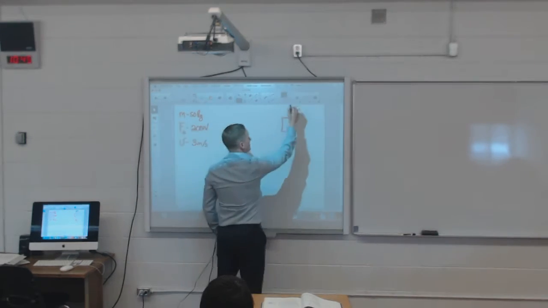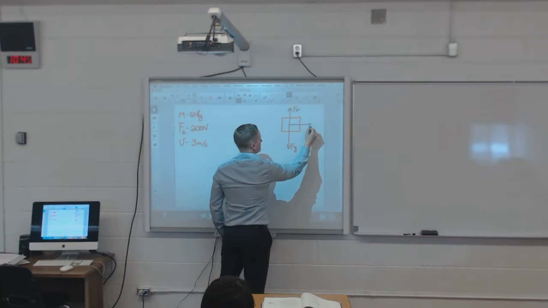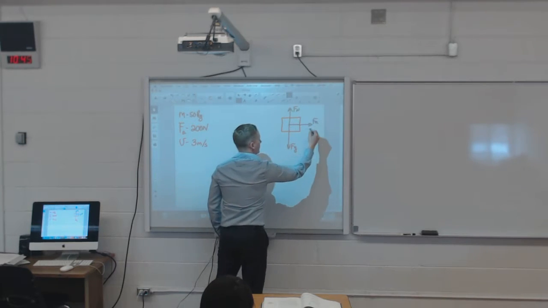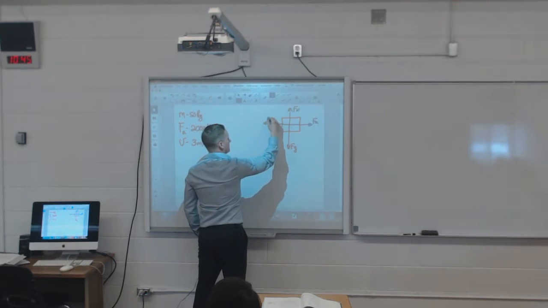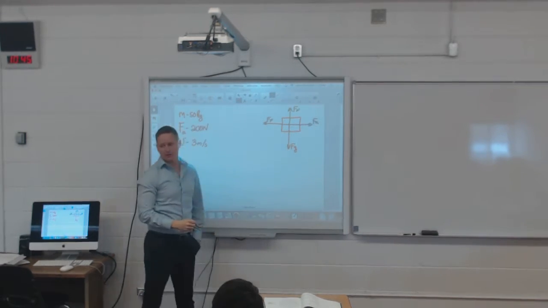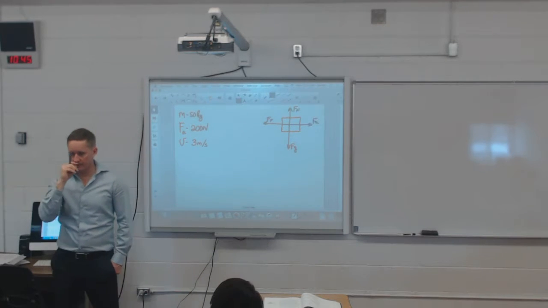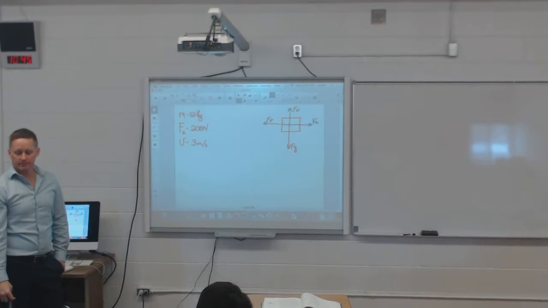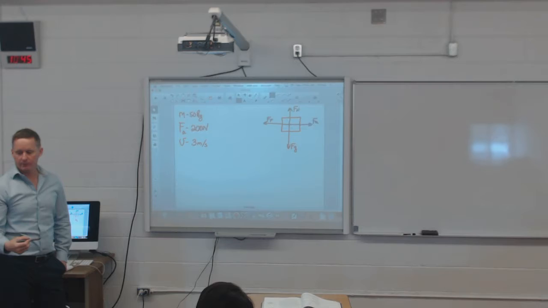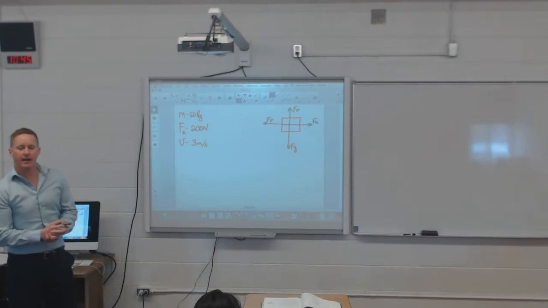And then some sort of frictional force. Why is there friction on this one? Because it doesn't say that you're on a frictional surface, so you just assume it's always there unless it says otherwise. It'll be in the opposite direction of motion, which in this case is the applied. Okay, so those are what I have right now.